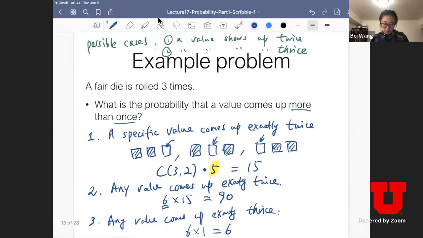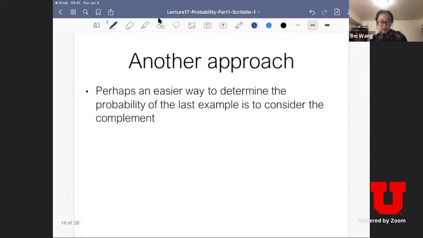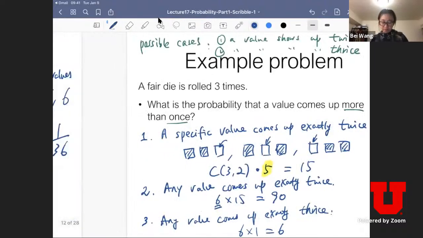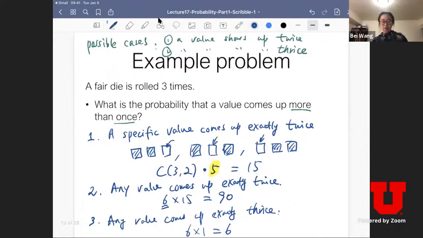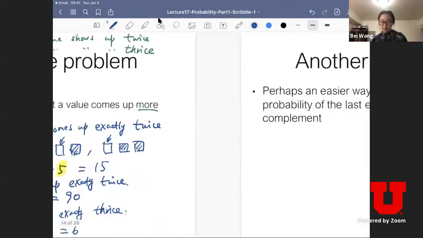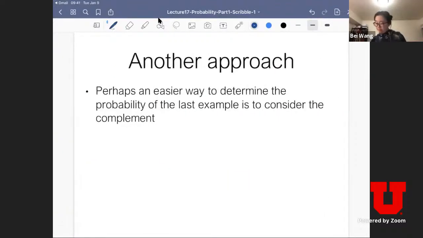So now there is actually an easier way to determine the probability of the last example: consider the complement. So the question is, what is the probability a value comes up more than once? The complement of it is that no value shows up more than once, okay? So let's say E prime is the collection of all events with different values.